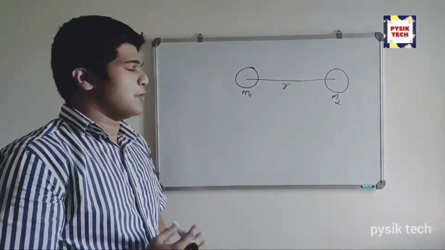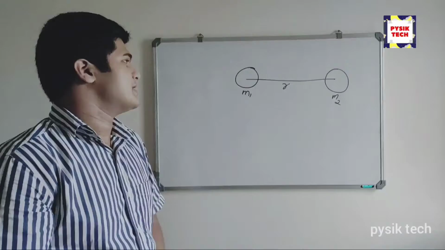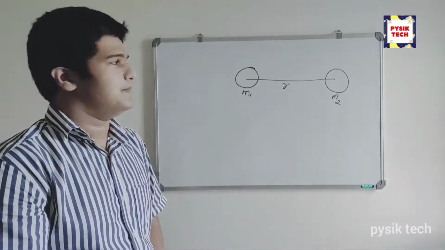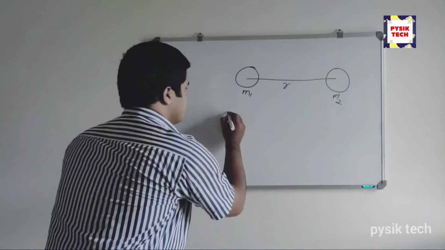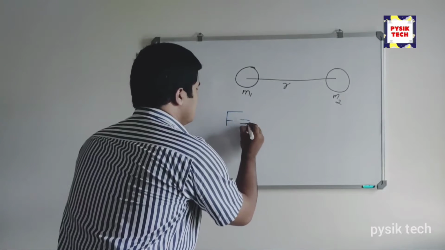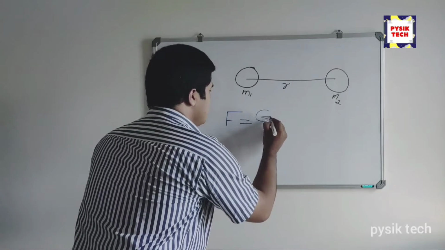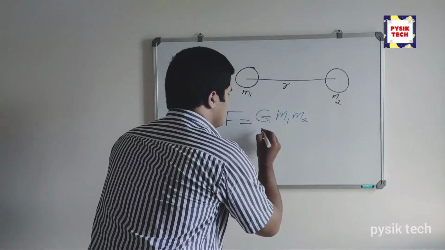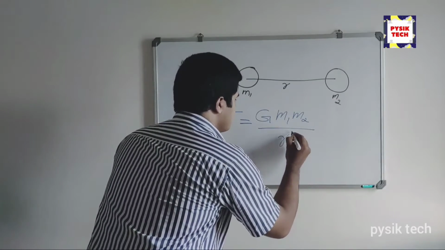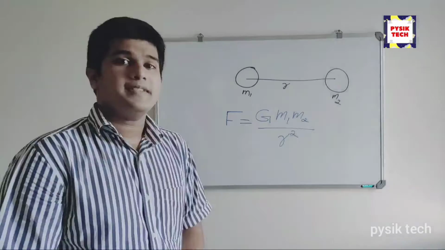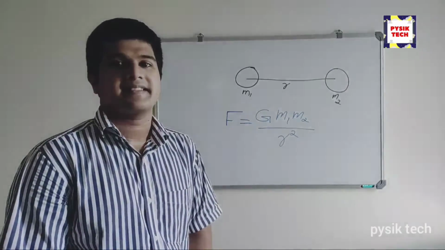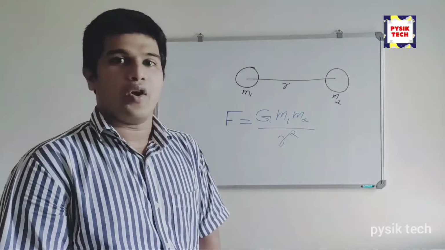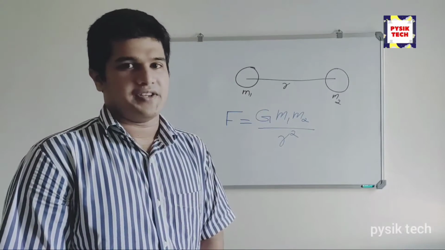Then what will be the force between them? The force F is equal to G m1 m2 by r square. This is known as Newton's law of gravitation.